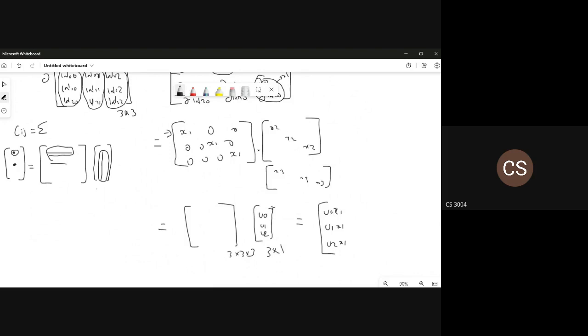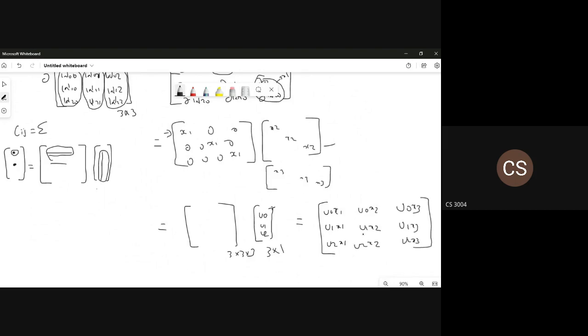Okay. Then what will be the next column vector? Because now I multiply this second matrix with the vector, so it is going to be u0 x2, u1 x2, u2 x2, and then the third is going to be u0 x3, u1 x3, u2 x3.